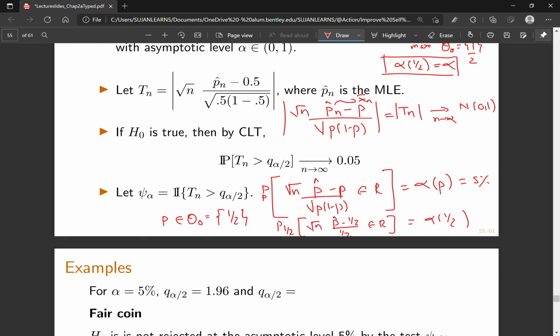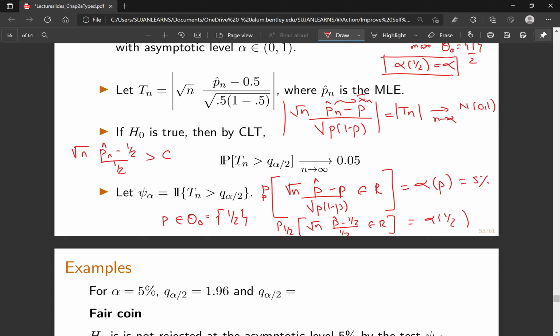Our test is this. The rejection region is where the absolute value of this, p n hat minus 1/2, is greater than some value. Let's for now say the value is c.